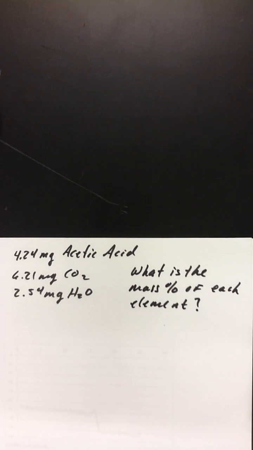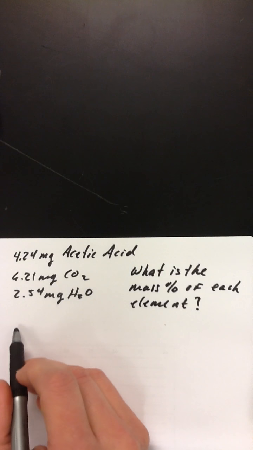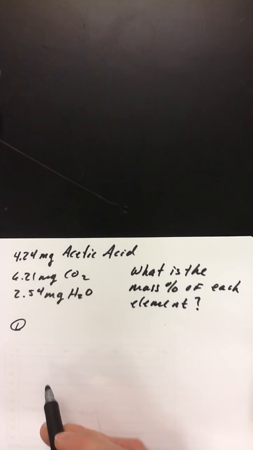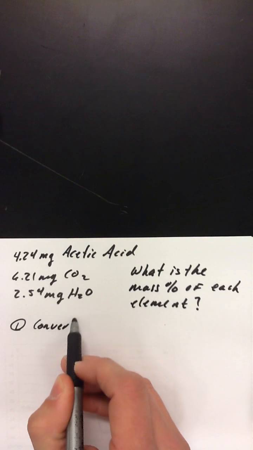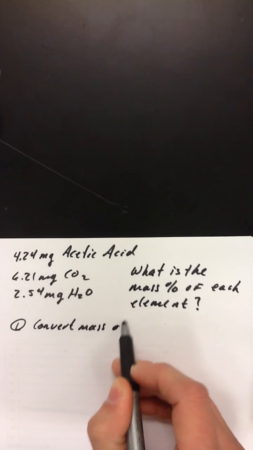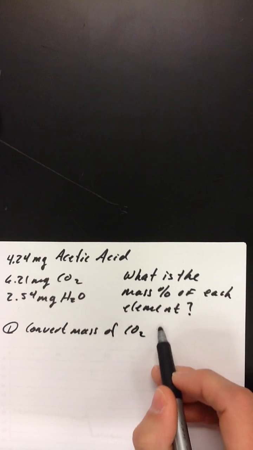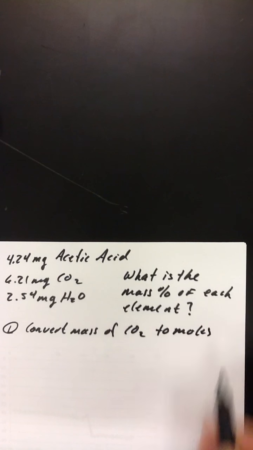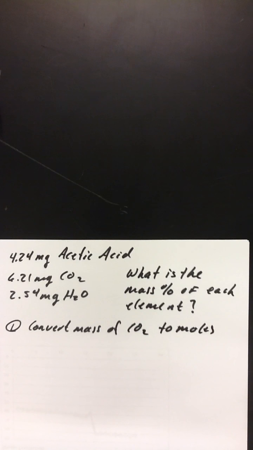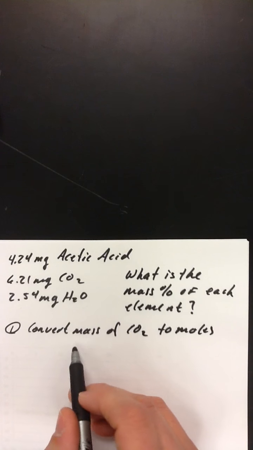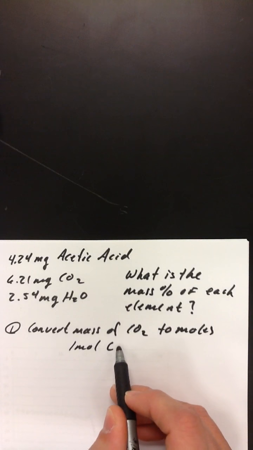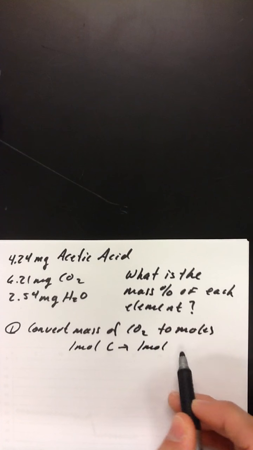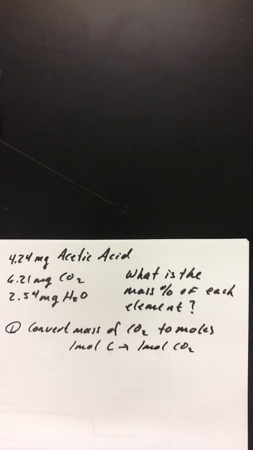So here's what we're going to do. We're first going to convert the mass. So step number one, we'll convert the mass of carbon dioxide to moles. Then we'll notice that we can convert this to moles of carbon, noting that 1 mole of carbon produces 1 mole of carbon dioxide.